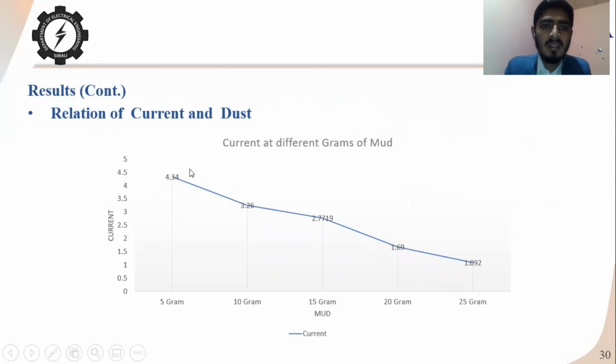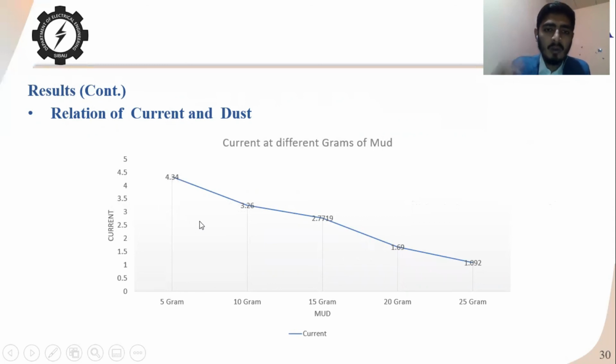You can observe that whenever there is 5 gram of mud, there is less shadow problem, and whenever there is less shadow, we are getting maximum power, maximum current 4.34 amperes.